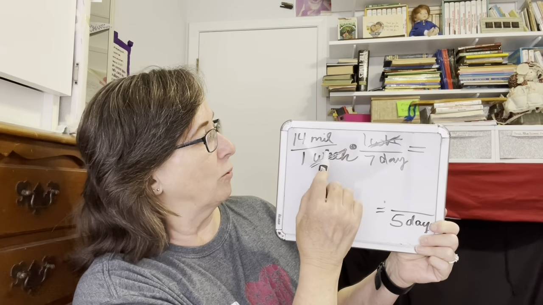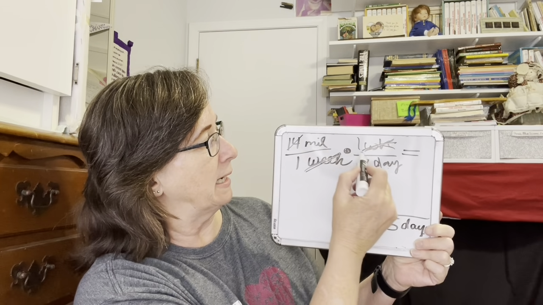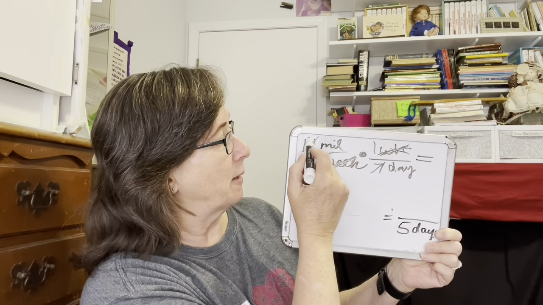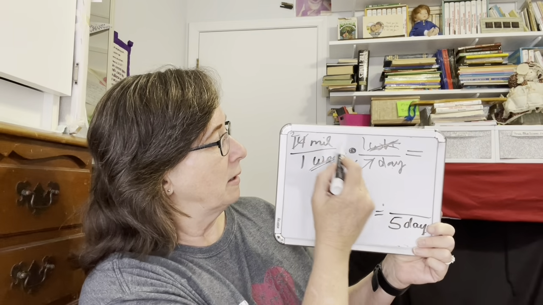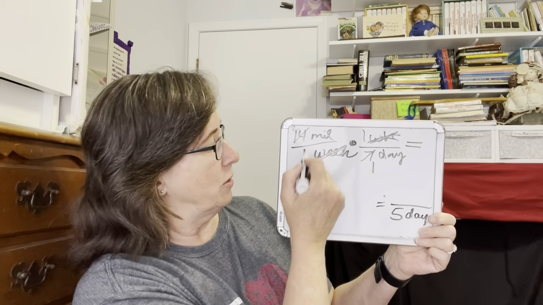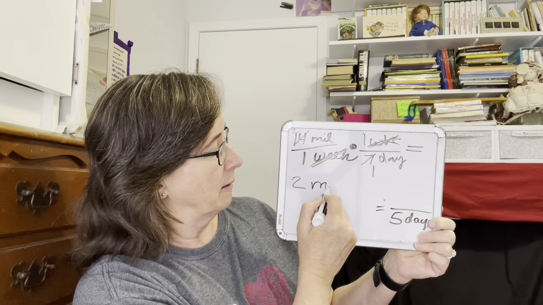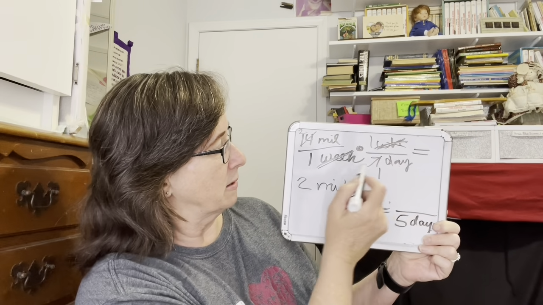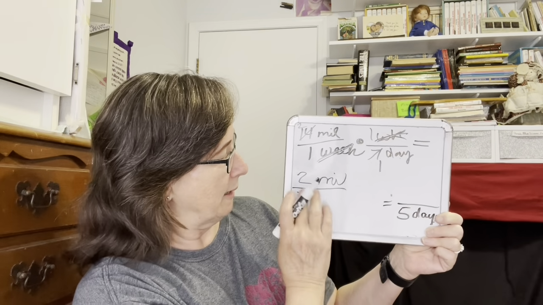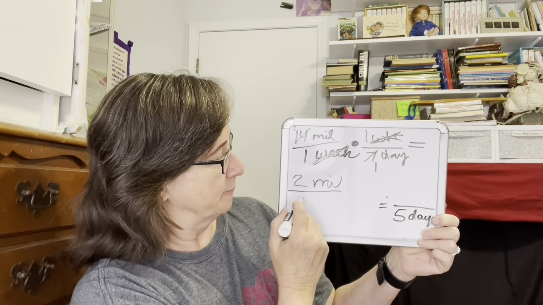Okay, so can we go ahead and cancel 14 and 7? 14 and 7 both have a 7. So 14 divided by 7 is 2. 7 divided by 7 is 1. So we wind up getting 2 miles, because all of this cancels, over 1 day.